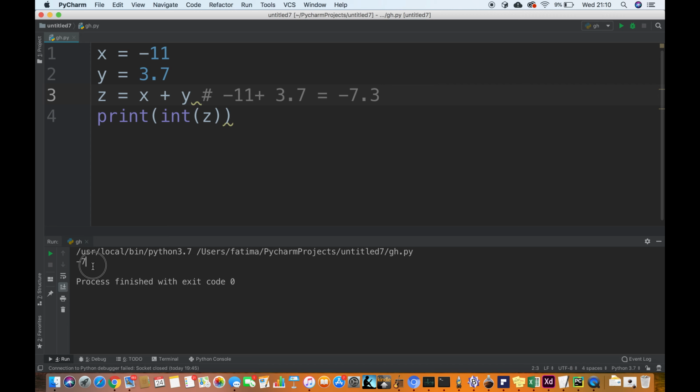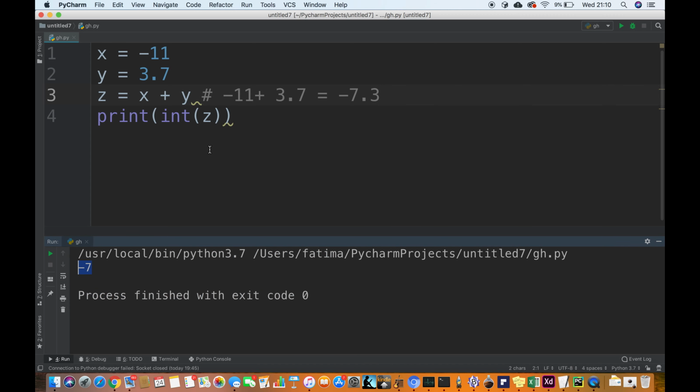However, it returns minus 7 as an answer because I have said integer. So it will only include the integer part, it won't include the decimal, so it gives me minus 7.